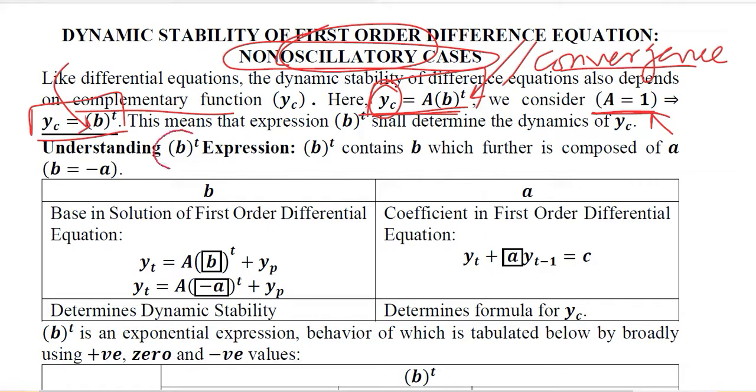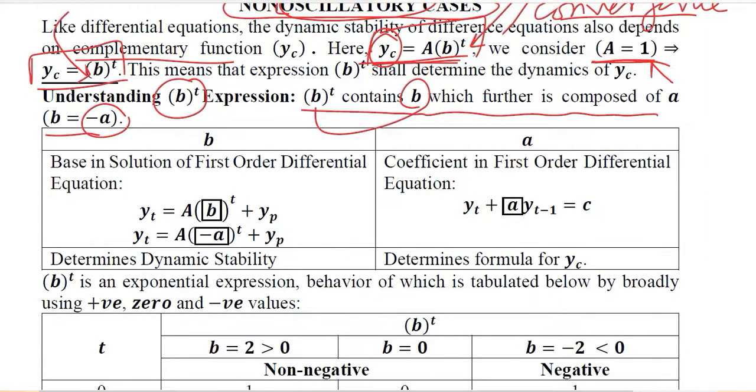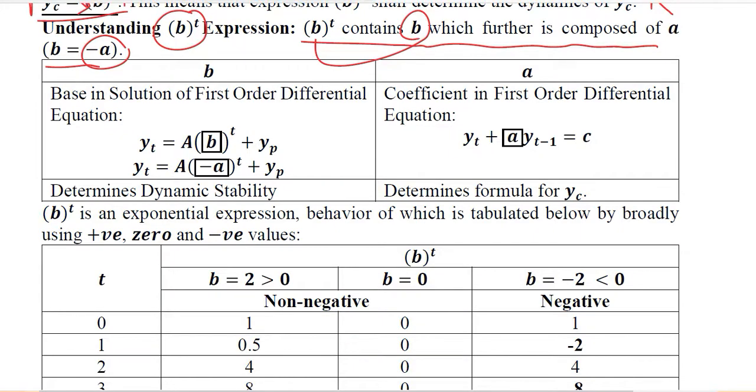So let's try to understand this b exponent t term. b^t contains b, which further is composed of a. You know that b^t has this term b, and b is also equal to minus a. So we should be mindful of the nature of b and a.